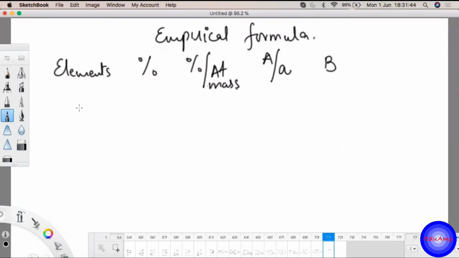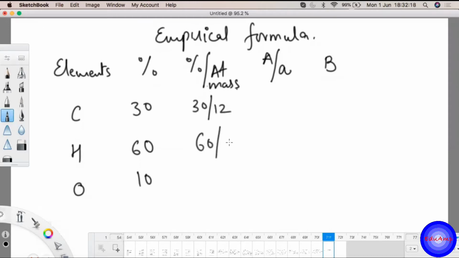For example, the elements given are carbon, hydrogen and oxygen. Let us suppose their percentages are given as 30%, 60% and 10%. Now in the third column, you have to divide percentage by their atomic masses. So 30 divided by 12, 60 divided by 1, 10 divided by 16.